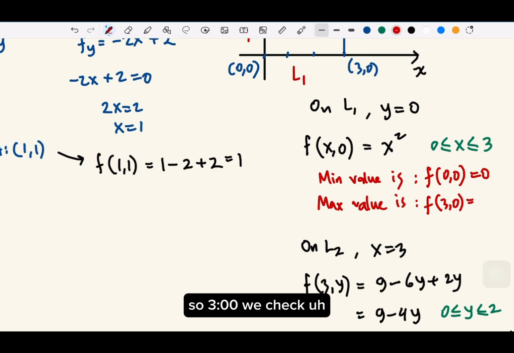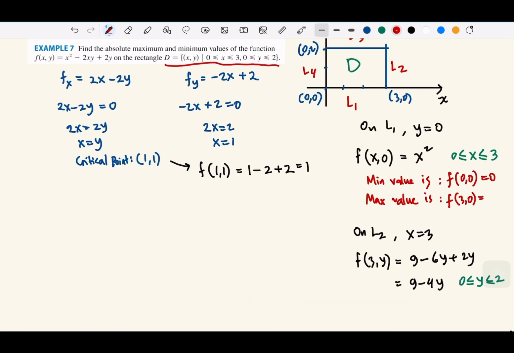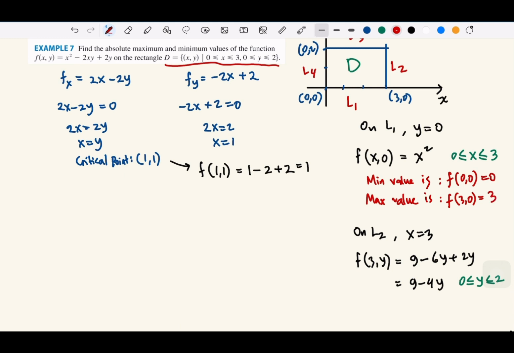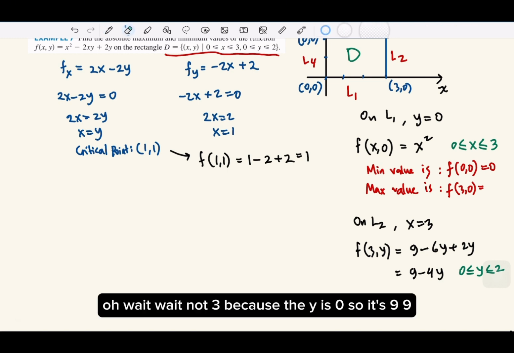So (3, 0), we check 9 minus 6, right? Oh, wait, not 3, because y is 0, so it's 9.